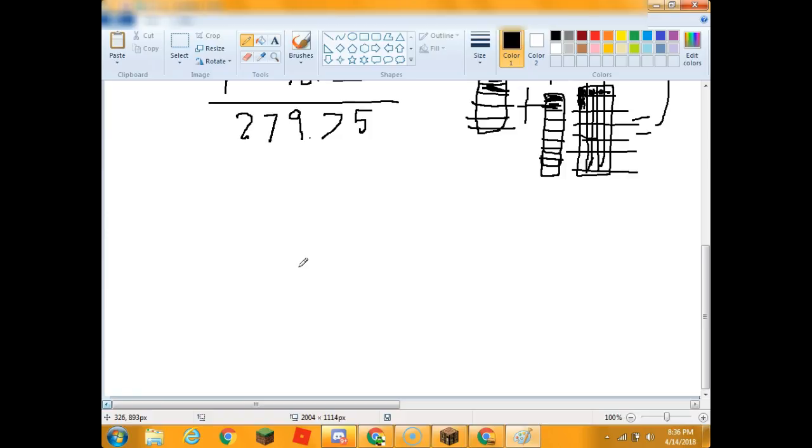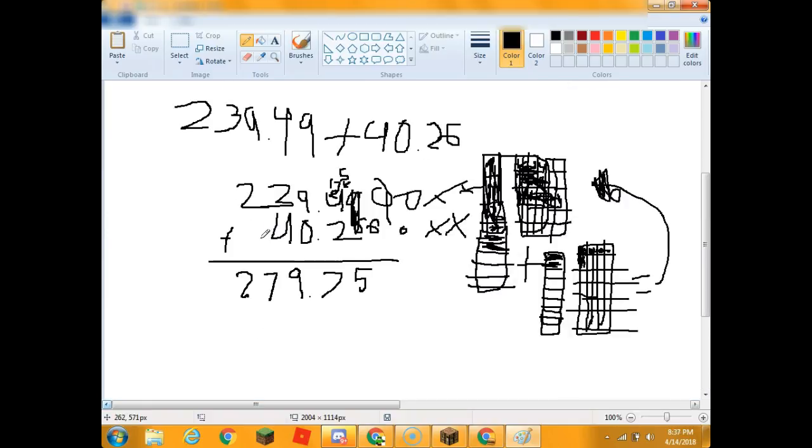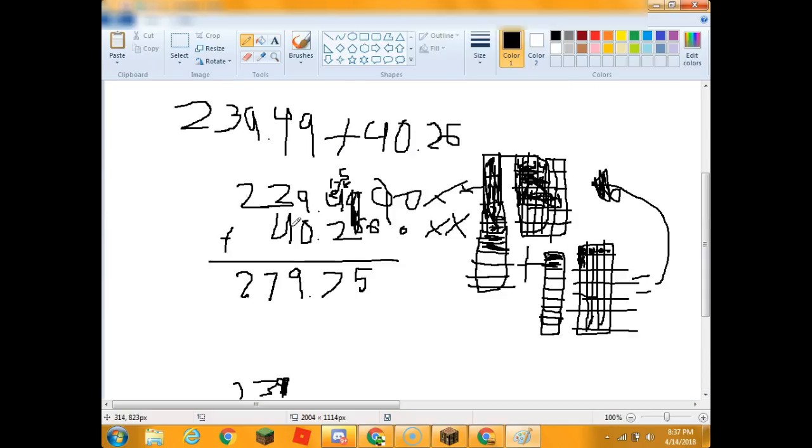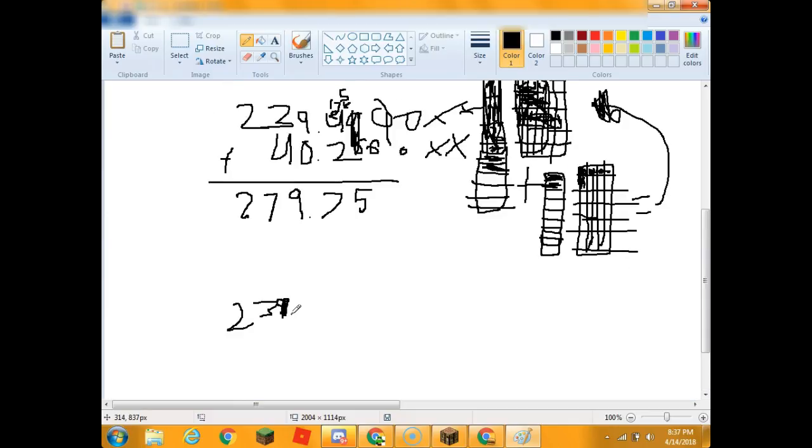So how you subtract decimals is really the same thing, but then you take this away. So let's put in the same numbers. 49 minus 40 to 26.